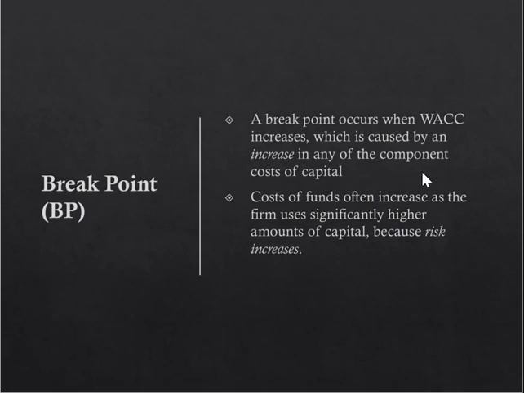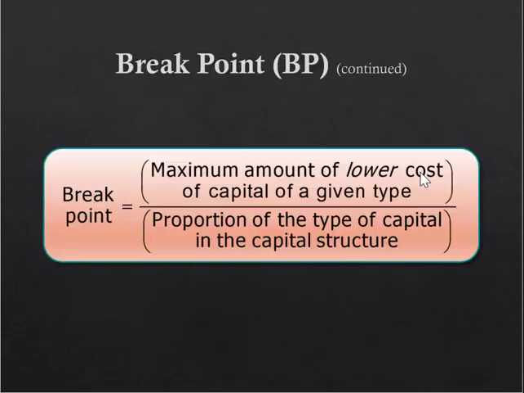A break point occurs when the weighted average cost of capital increases, which is caused by an increase in any component cost of capital, whether that's the required rate of return on debt, the beta, or the flotation cost. Cost of funds increases as a firm uses significantly higher amounts of capital because risk increases, particularly with debt capital. And here's a quick calculation of breakpoint.